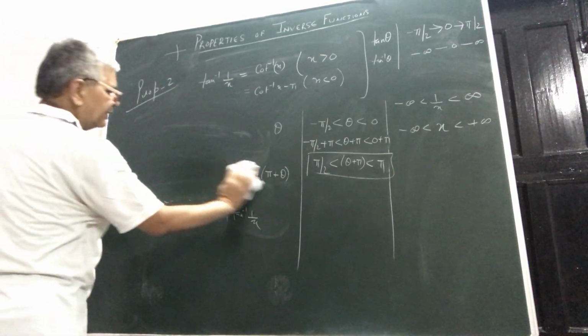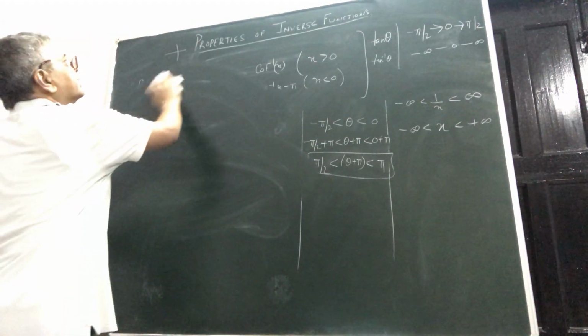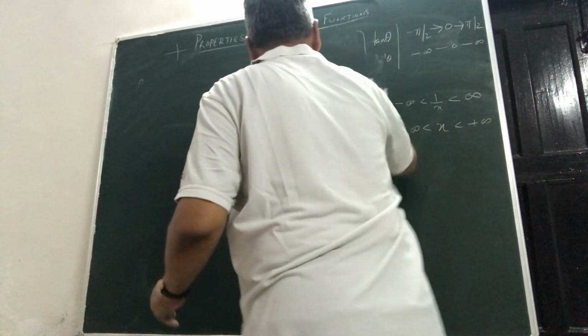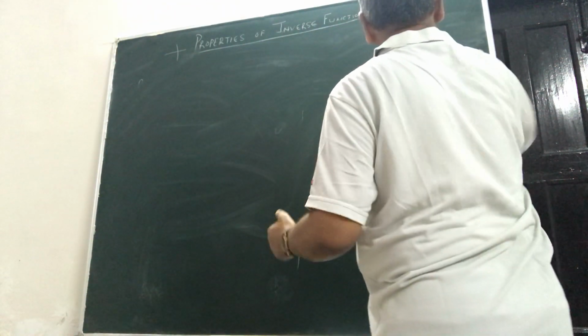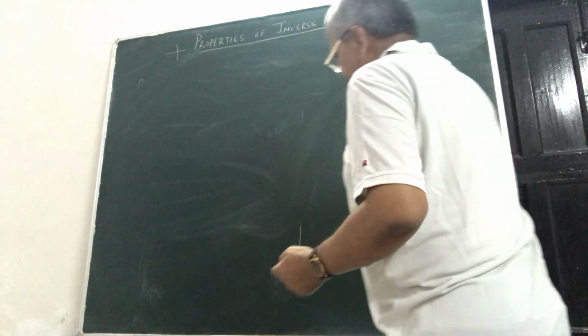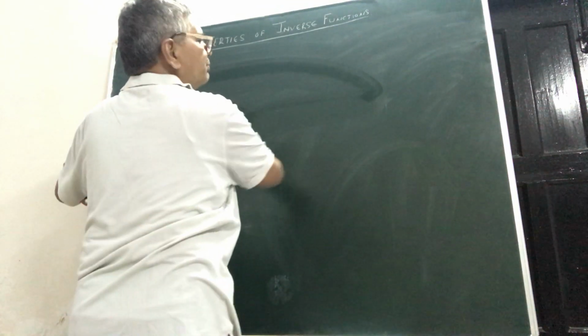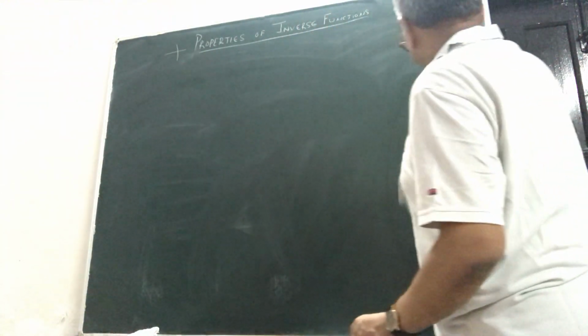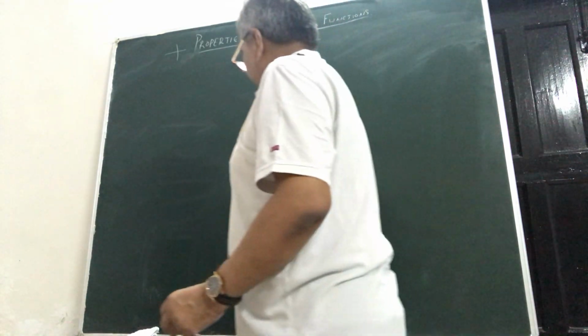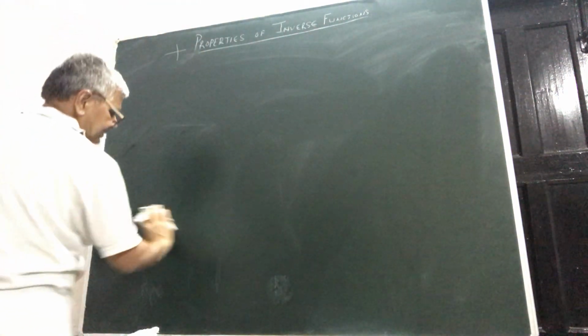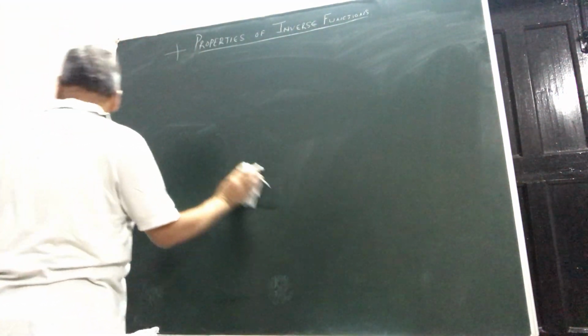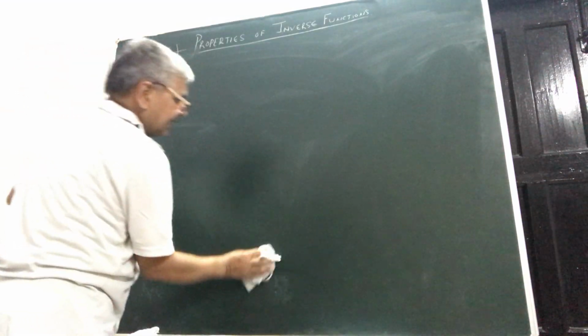Now the third property says that sin inverse x plus cos inverse x is equal to pi by 2. Tan inverse x plus cot inverse x is equal to pi by 2. And likewise, sec inverse x plus cosec inverse x is equal to pi by 2.